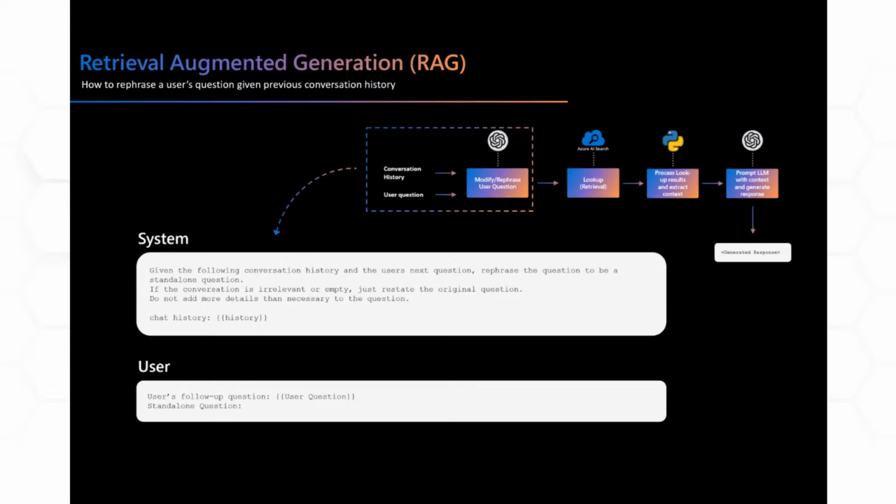Do not add more details than necessary to the question. Then you give it the chat history, and then the user's follow-up question, which is the user question here. You can see what we're doing here is priming the output. We're telling it standalone question so that what it responds with is directly the question without any other words. We just want the question out so that we can send it to Azure AI Search afterwards.